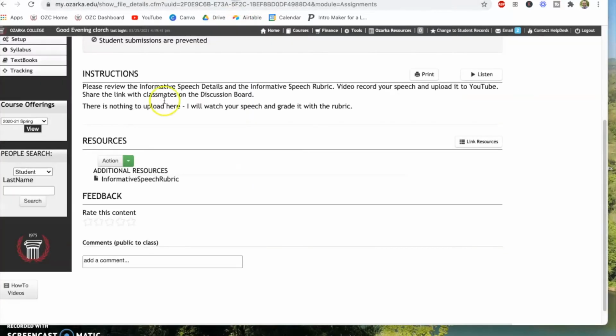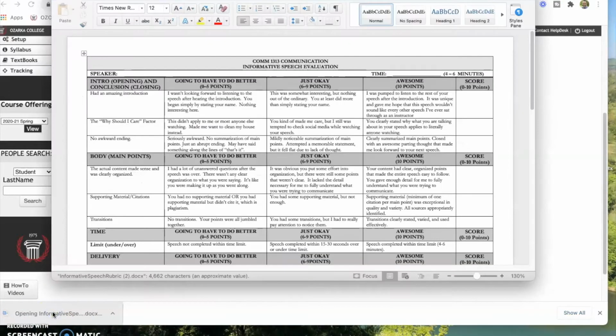Now let's look at the rubric, because this is going to give you even a clearer picture of what I'm going to be doing. So first of all, with your introduction and the why should I care factor, this is very important to your overall speech. You need to choose a topic that your audience is interested in.